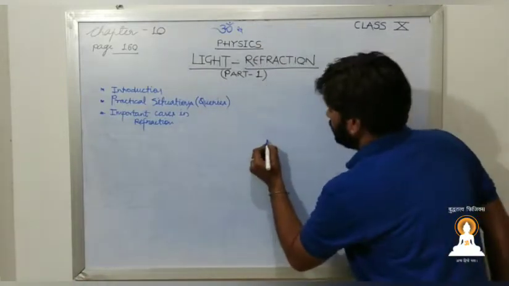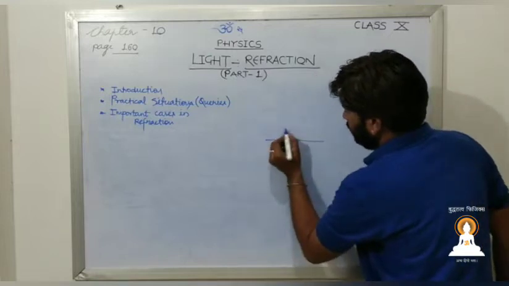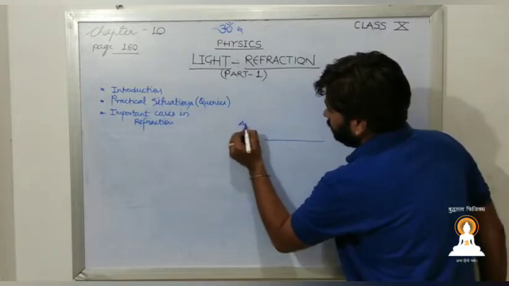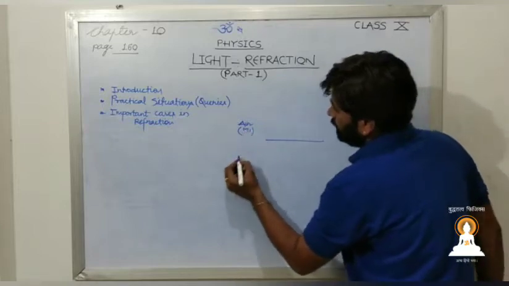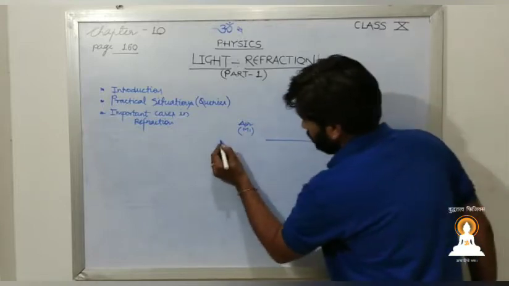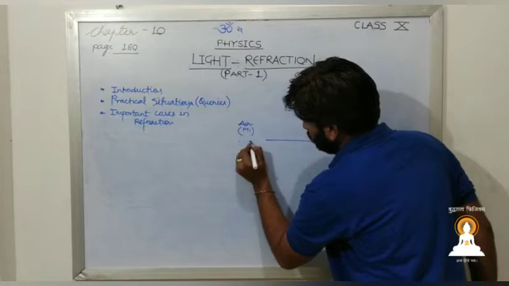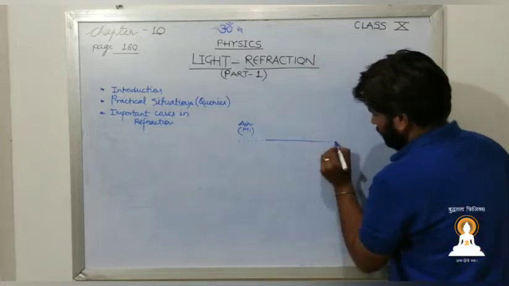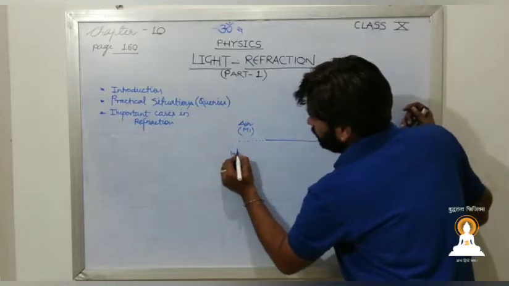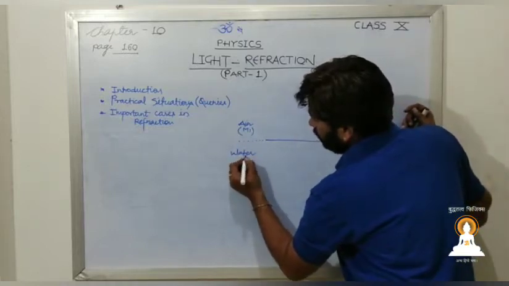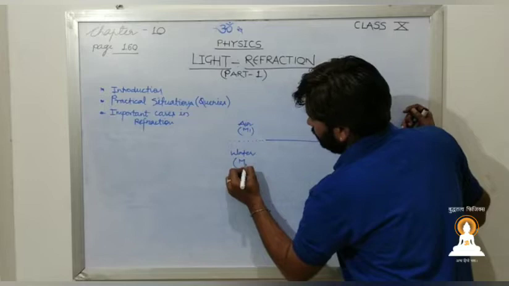Suppose we have a transparent surface. On one side we have air, which is medium 1, and on the other side we have water, which is medium 2.